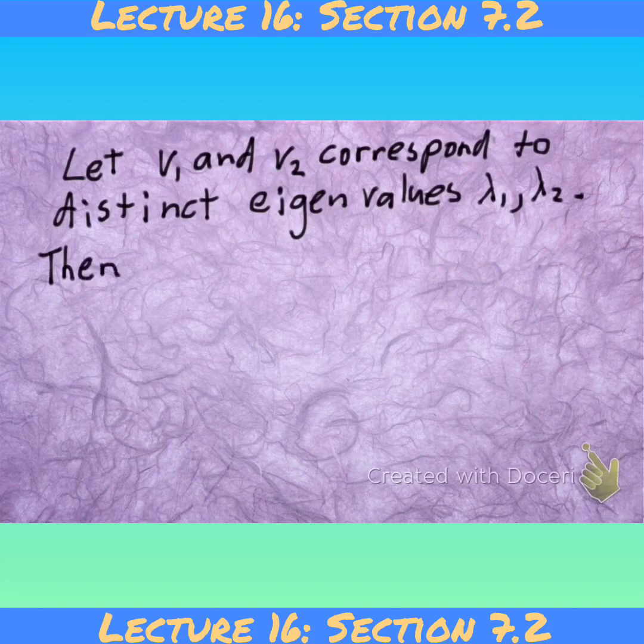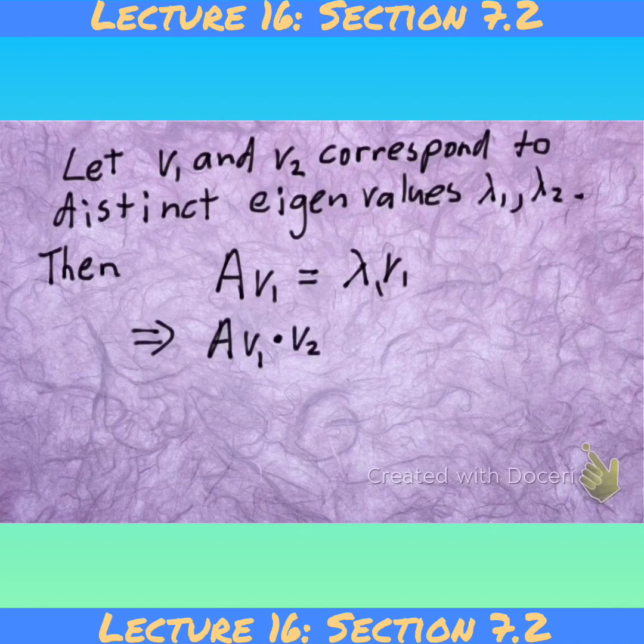Basically, if you take the matrix A and you look at V1, we know that A V1 is lambda 1 V1.